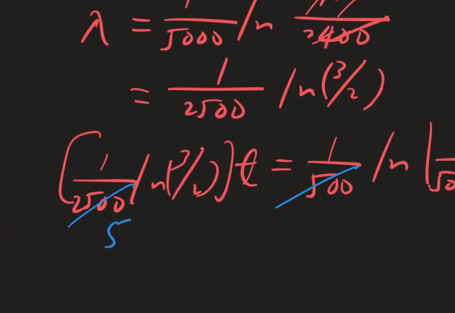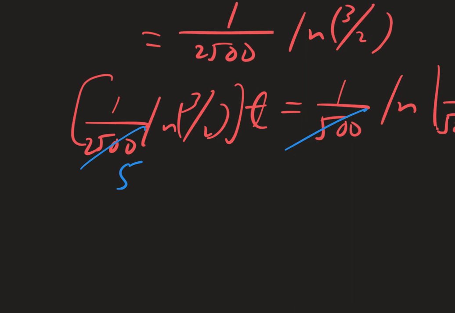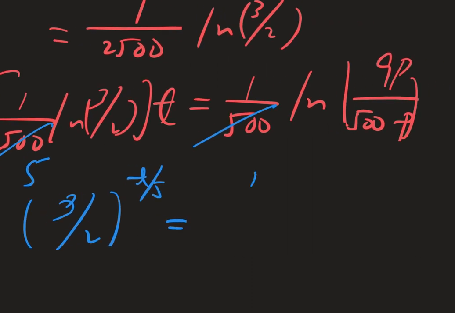Even though it's a bit troublesome, I think you can do it quite elegantly. This is 5, so you have this, everything is ln, right? When we look at such things in mathematics, we have a tendency to try to make it nice: 3 over 2 t over 5 is equal to 9p divided by 500 minus p.